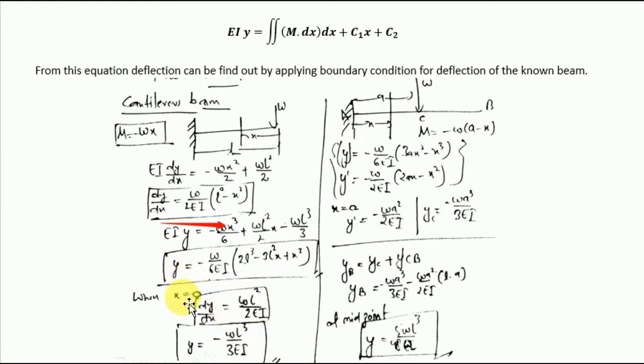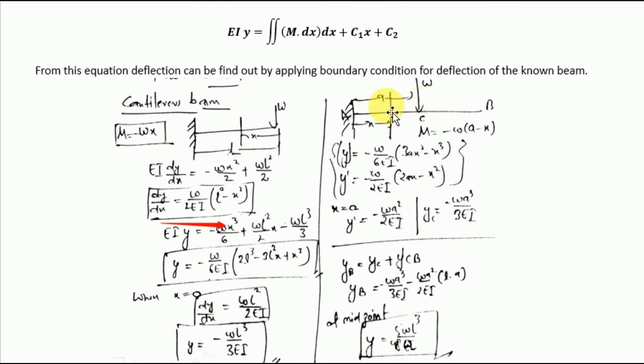And when applying x equal to 0 in the deflection equation, we have a value of minus Wl cube upon 3EI, which means that where the load is applied, the deflection is in negative direction, which is below the beam. The value of it is Wl cube upon 3EI.